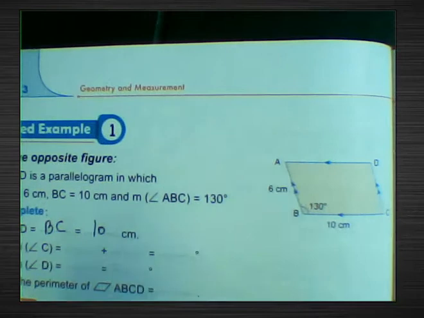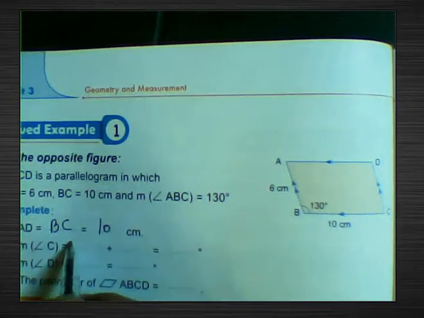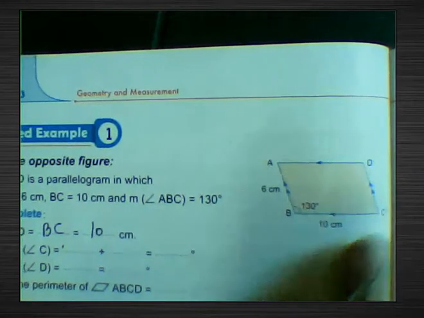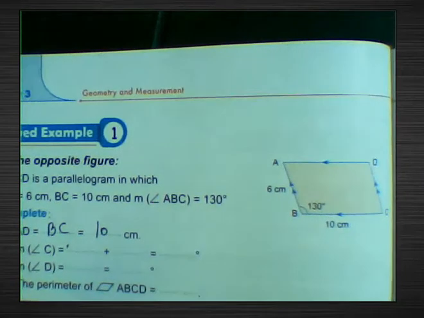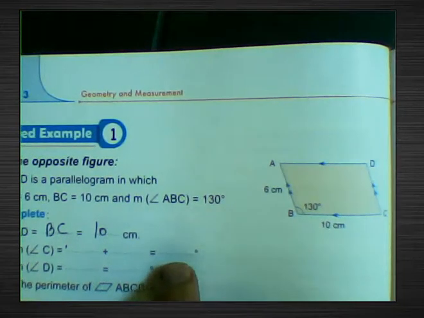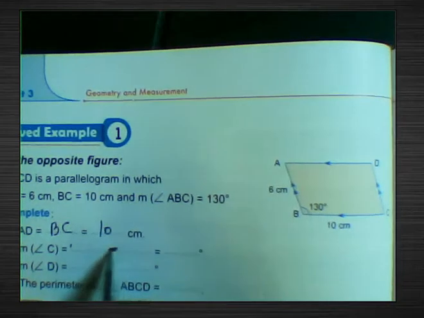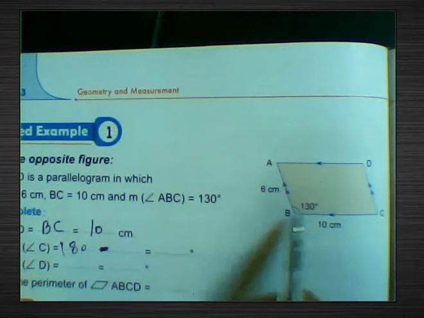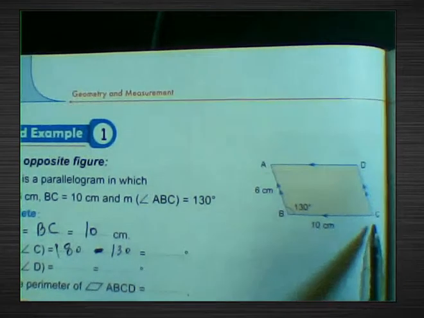The measure of angle C equals the measure of angle A. We want to find the measure of angle C, so we subtract 180 minus 130.